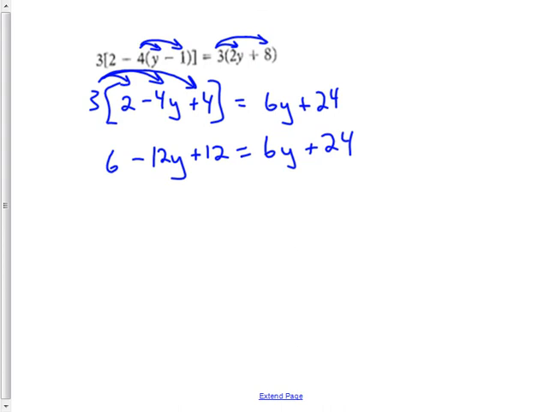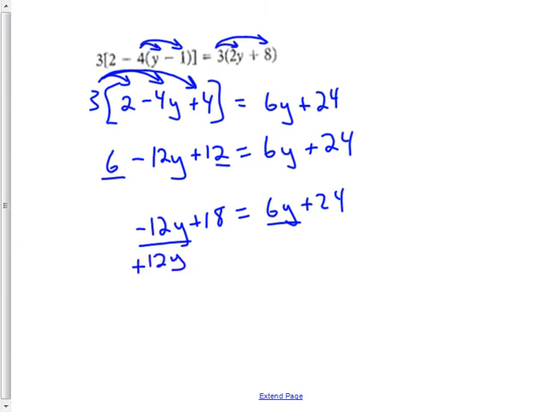So now I've got on the same side, I've got these two. So 6 plus 12, same side, same operations. Negative 12y plus 18 equals 6y plus 24. Now I've got variables on both sides, so opposite sides, opposite operations. So either I can add 12y or I can subtract 6y. I'm going to choose to add 12y because then my numbers stay positive.